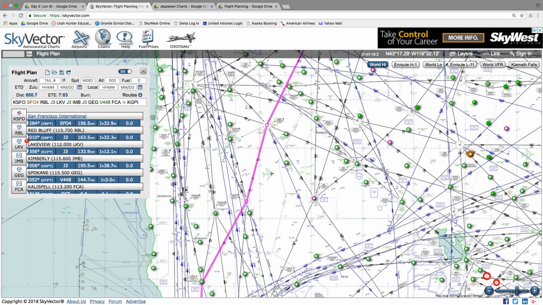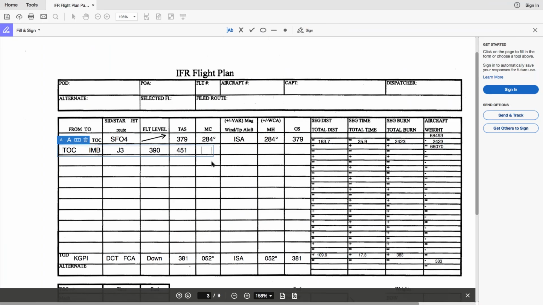So 164, 134. So 149 degrees. I'm just going to put plus 10 in here. And then for our winds, we've got 213 at 84.